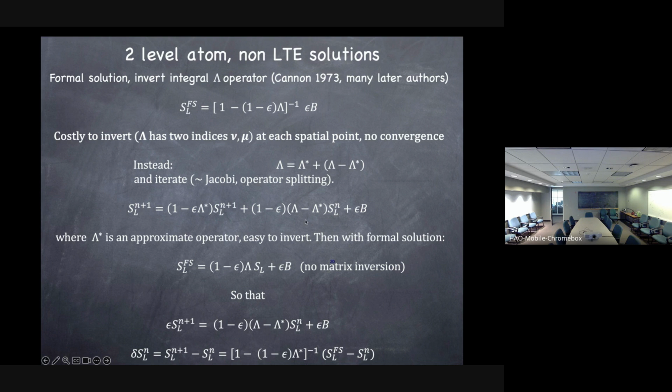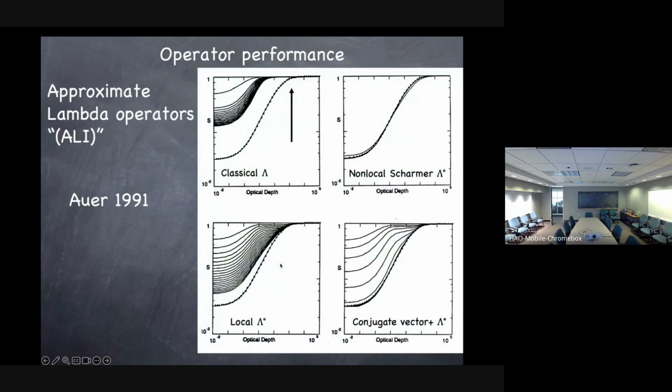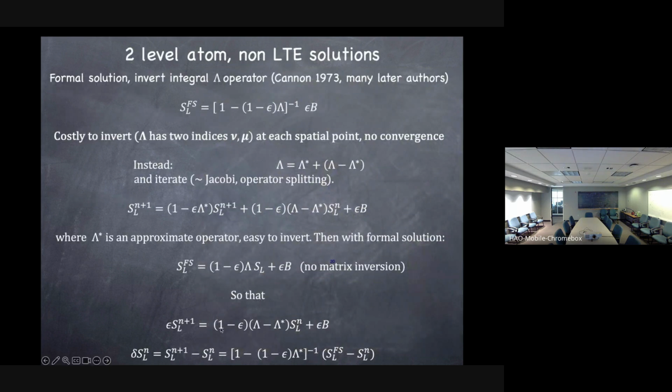So I start with an iterate number n, and then I write it in two terms. We don't know what S n plus 1 is, but you can certainly see that I'm allowed to split it in this way. I moved this to the left-hand side, and what we end up with the formal solution looking like this is an equation that looks like that, which is nothing other than this expression down here.